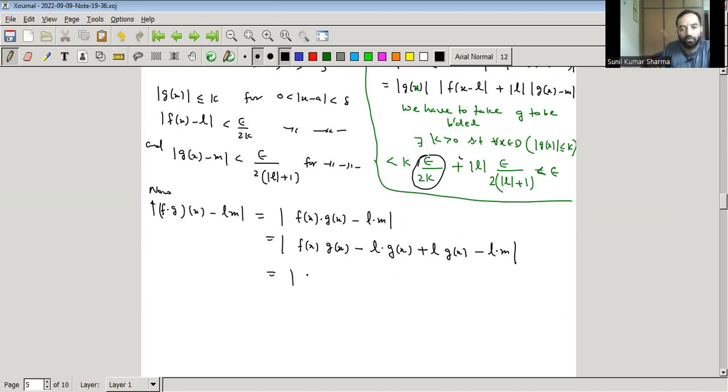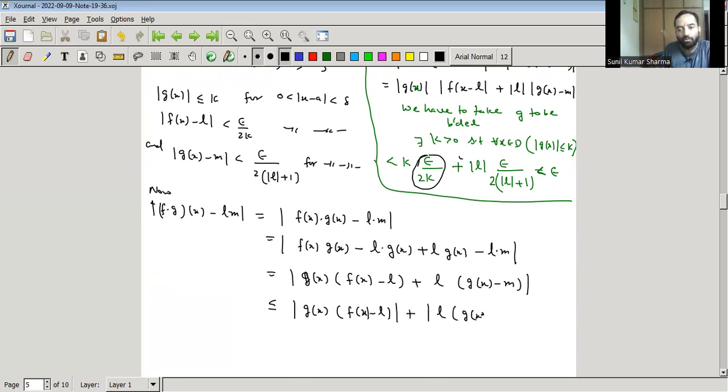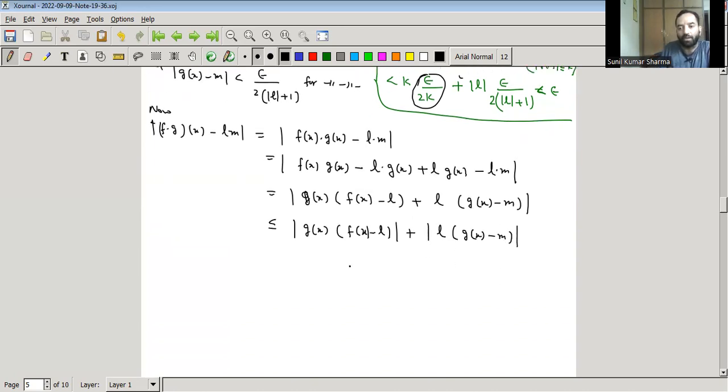So that is equal to, taking g of x common, g of x into f of x minus L, plus, taking L common, L into g of x minus M. And this is less than or equal to mod g of x into f of x minus L plus mod L into g of x minus M, by using the triangle inequality.